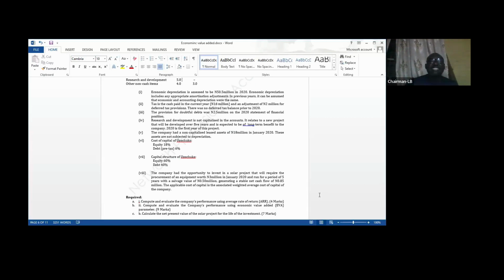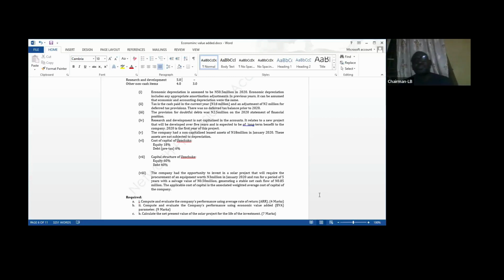What is accounting rate of return? Please note, your accounting rate of return is calculated in the same manner as return on capital employed.